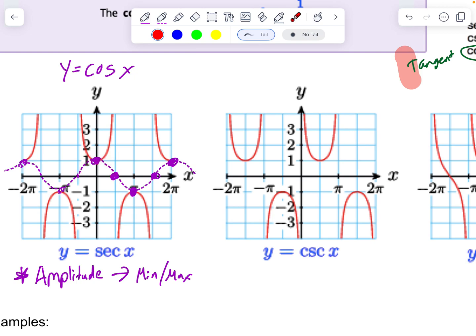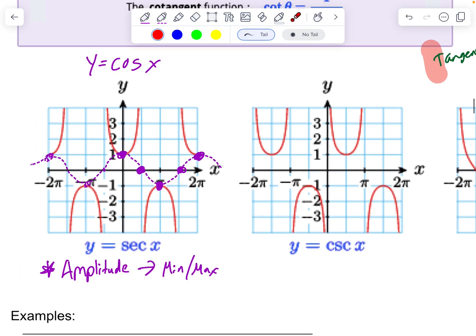But when you flip this max, it becomes a minimum. This is now a minimum for your secant graph. Same thing here. For your cosine, this was a minimum, but you flip it, so now it is a maximum. Pretty neat there.